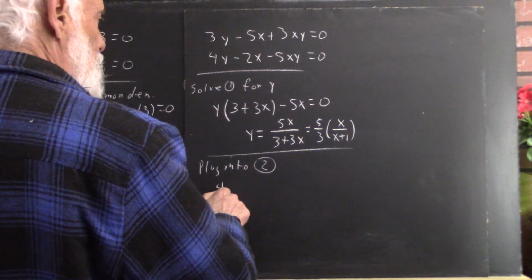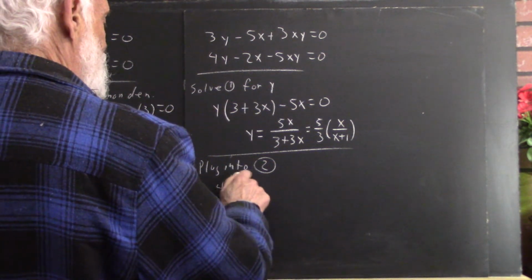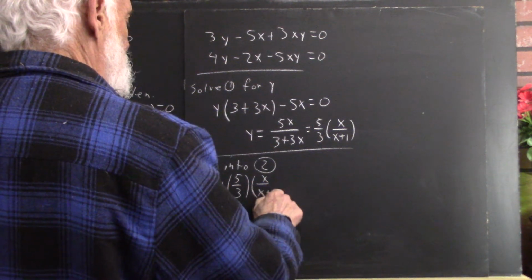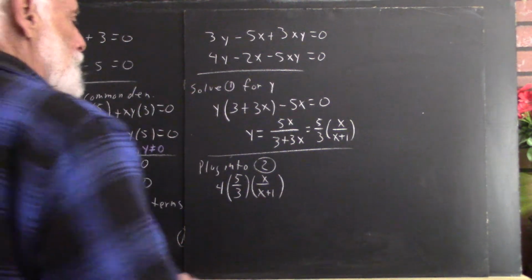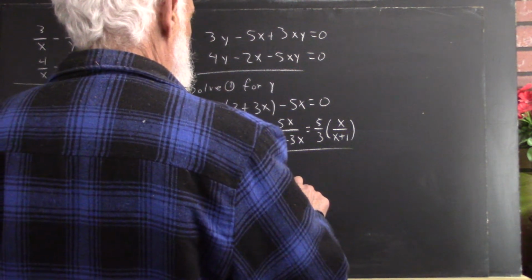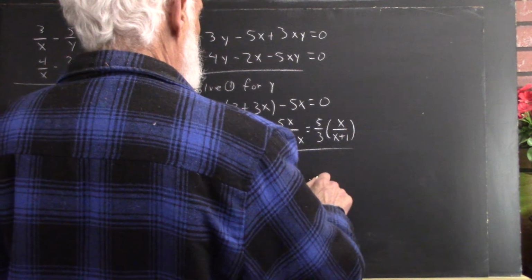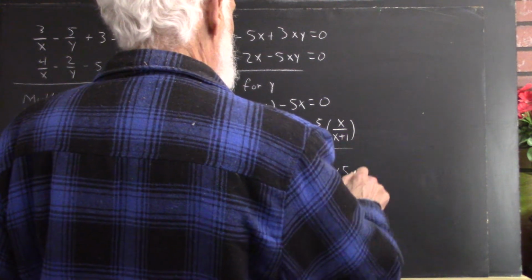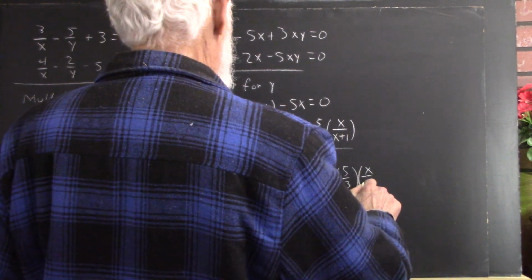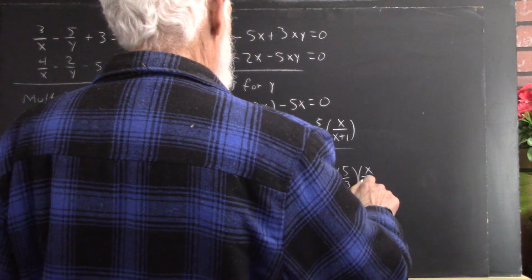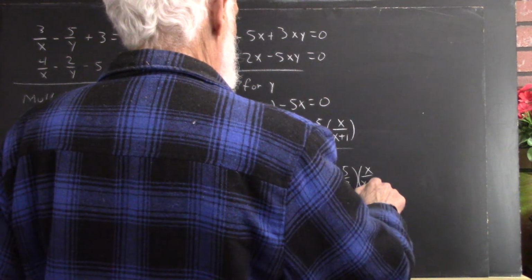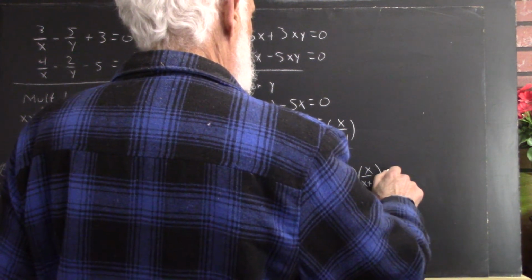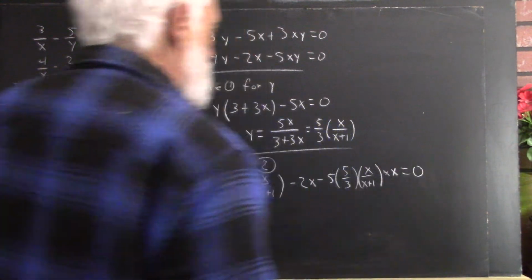So it gives us 4y, which is 4 times 5/3 times x over x plus 1, minus 2x minus 5 times 5/3 times x over x plus 1 times x equals 0.